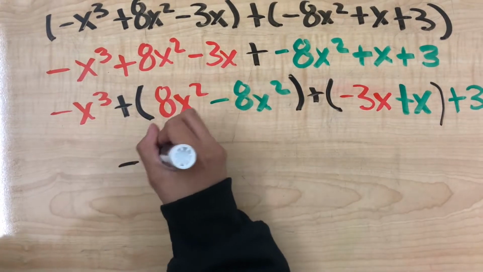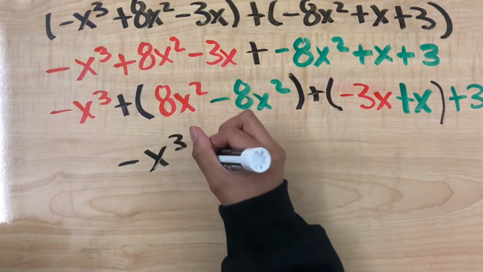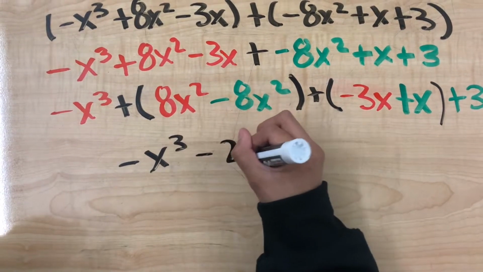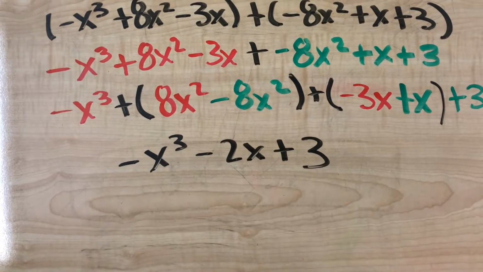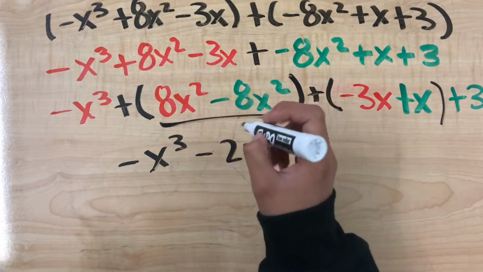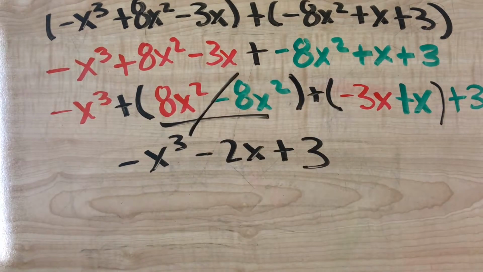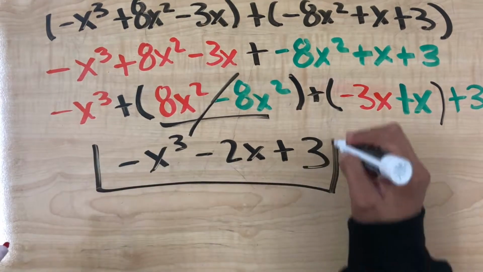So now we simplify, so we're left over with negative x cubed minus 2x plus 3, because the 8x squared minus the 8x squared cancels out. So that's our final answer.